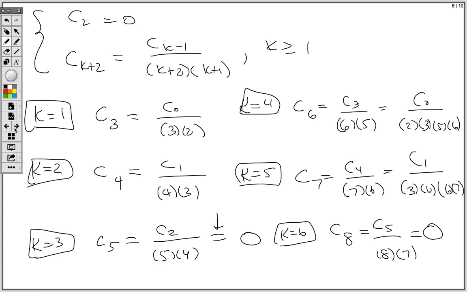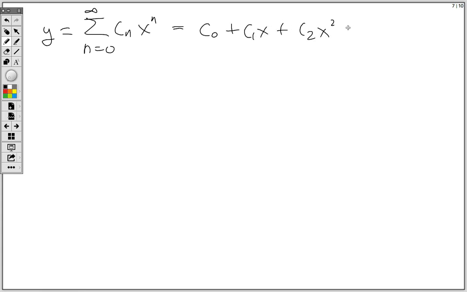Okay, so our y equals the sum n equals 0 to infinity of c_n x to the n, which we can write out as c naught plus c1 x plus c2 x squared plus c3 x cubed plus c4 x to the fourth plus c5 x to the fifth plus c6 x to the sixth.